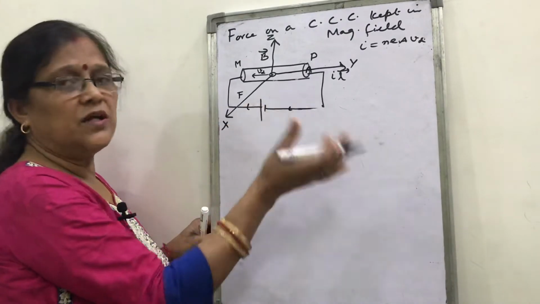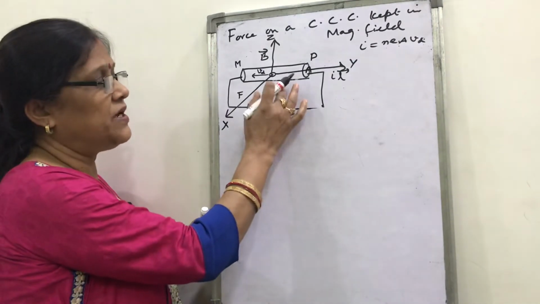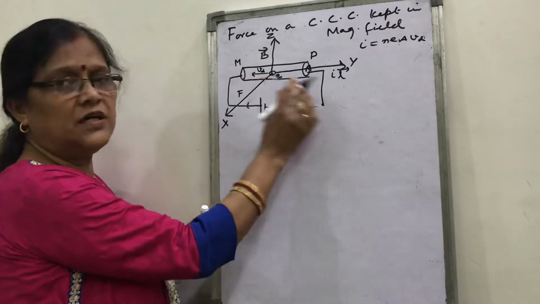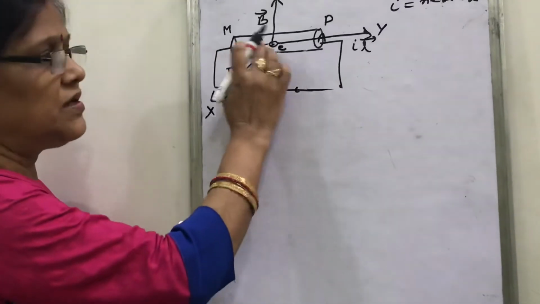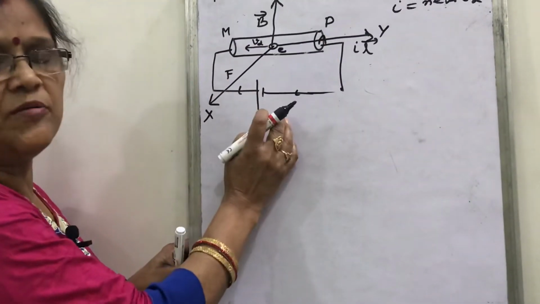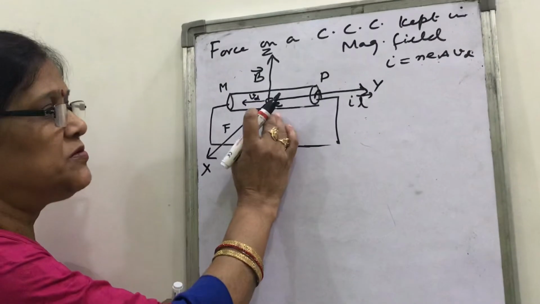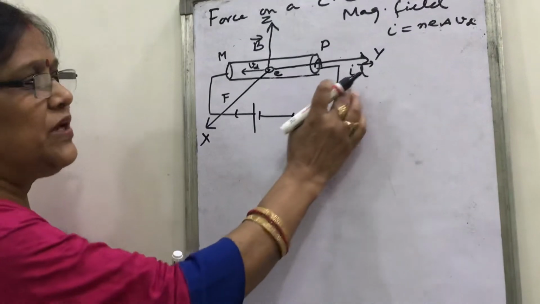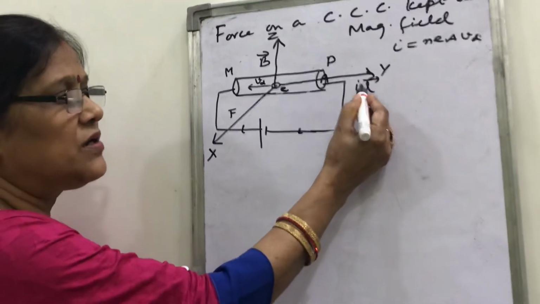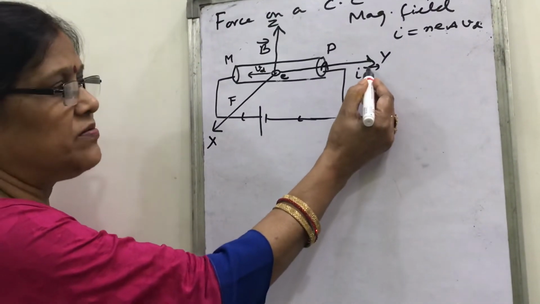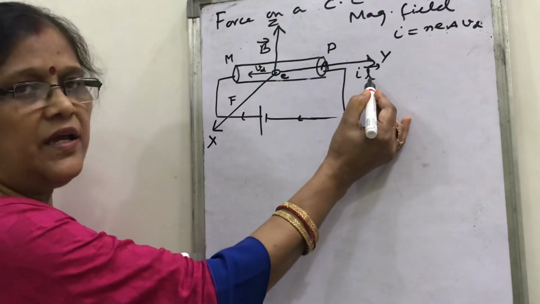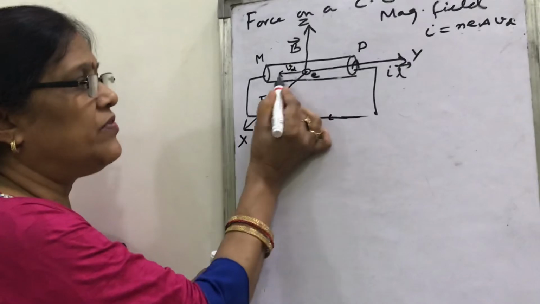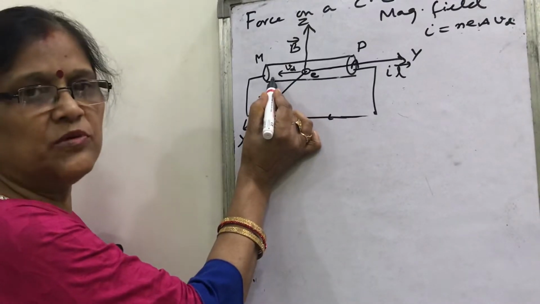So here the concept begins from this free electron, and when the electron moves in the conductor whose ends are connected with the cell, then the electron moves opposite to the applied electric field, or opposite to the direction of current. So we can say that I into L, this current element or part of length of conductor MP, IL. So L is in this direction and VD, that is the drifting of electron or motion of electron, is in the opposite direction.